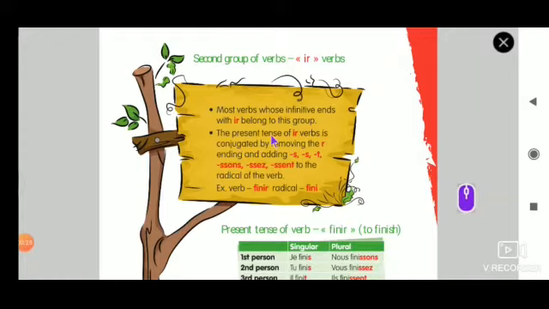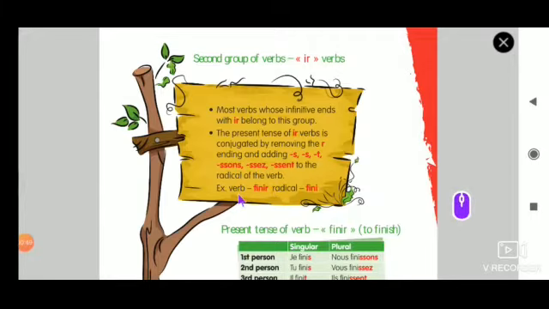The present tense of IR verbs is conjugated by removing the R and adding S, S, T, SSONS, SSEZ, SSENT to the radical of the verb.